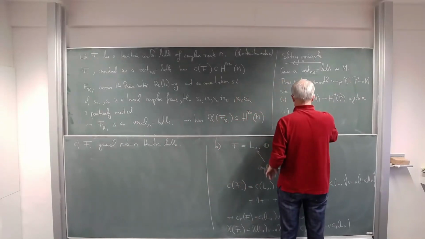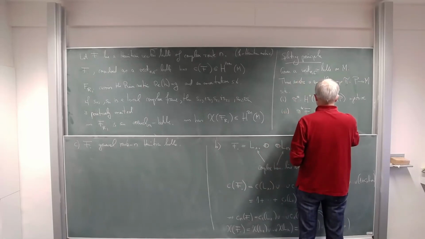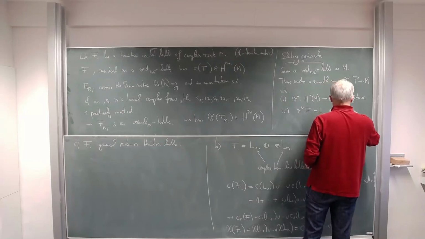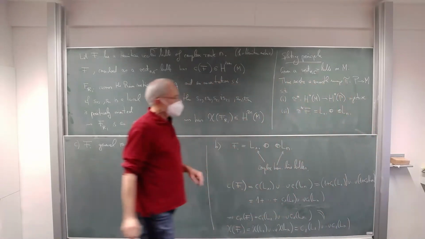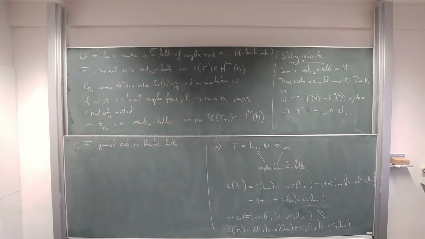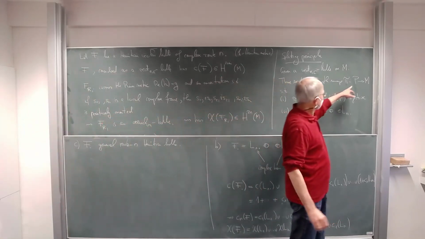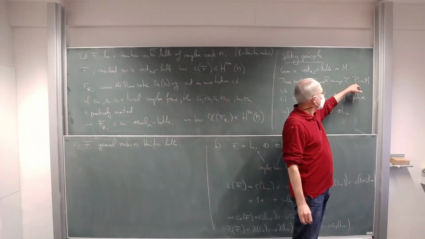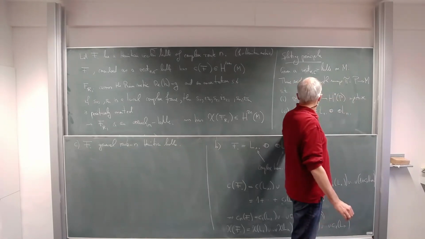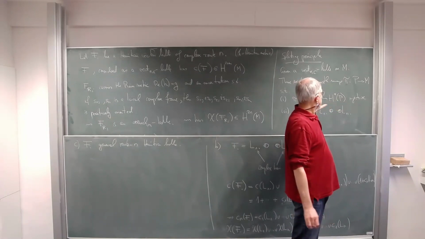So pi star of F can be written as a sum of n line bundles. So in other words, the bundle does not necessarily split into line bundles on the original manifold which we started with, but we can pull it back to a larger space where it does decompose into line bundles, and this is in such a way that the cohomology is like an injection. So this is injective.